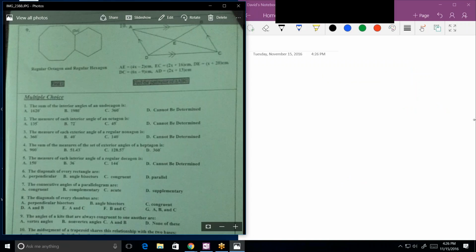Number 9. We have a regular octagon and a regular hexagon. We're supposed to find the angle. So I think I know how to do this. You divide 360 by both numbers of sides, and then you add those together, because they're exterior angles, right?